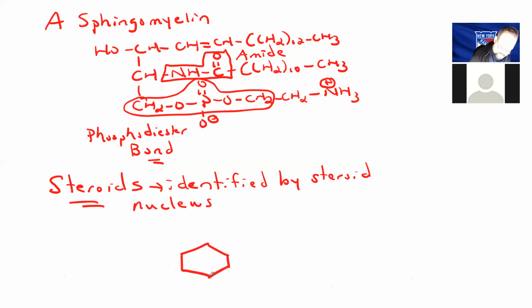So what does the steroid nucleus look like? It looks like the following. One of the things I always drive home is that you can't miss the structure of a steroid. There's really not much else that has that nucleus associated with it, especially in the world of lipids. They're very easily identifiable.